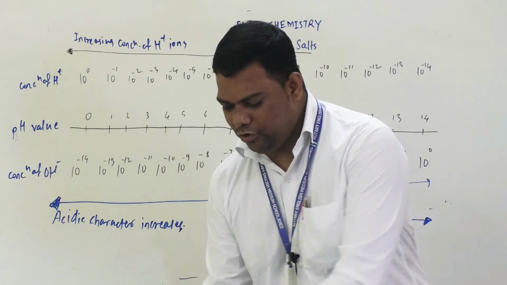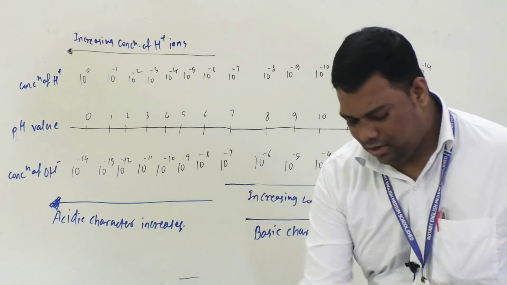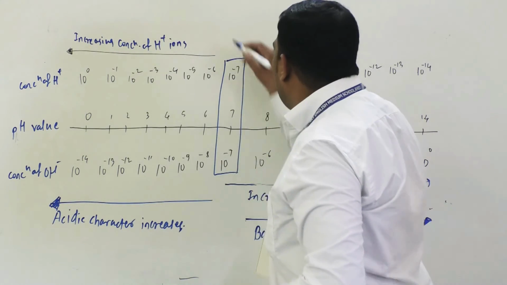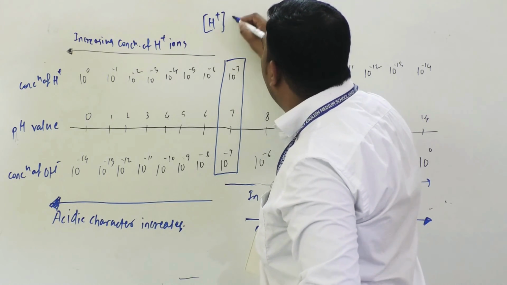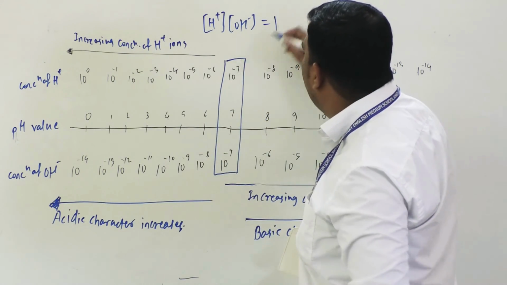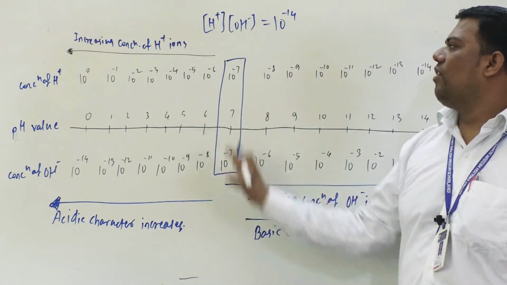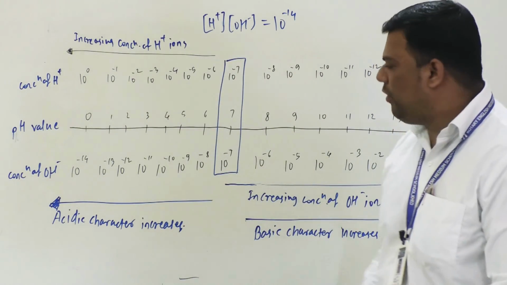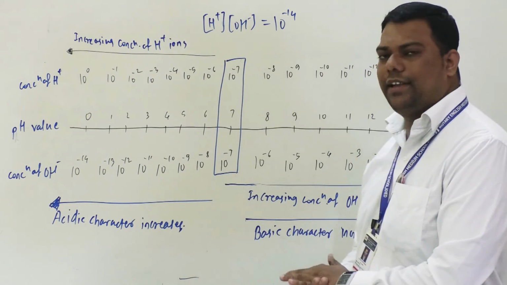So this is how the concentration of H plus and OH minus varies. Here we got 10 to the power minus 7, which means the concentration of H plus into the concentration of OH minus ion is 10 to the power minus 14. Here it is neutral or water. Understood? I prepared one video for your pH paper strip also, for practical.